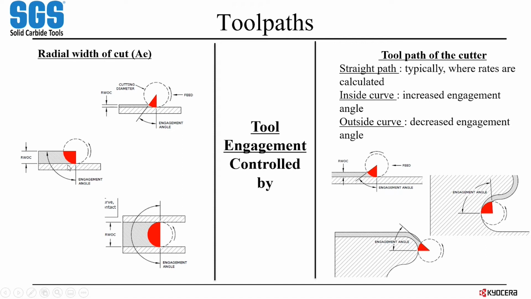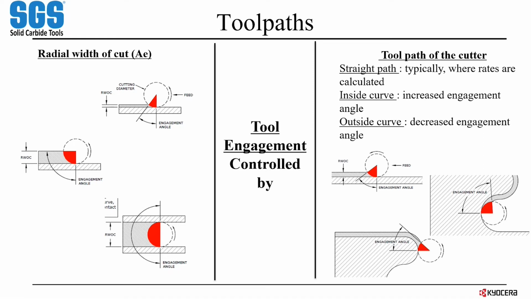This is going to be higher load on the tool, higher load on the part. Your chip load is going to be higher. Ultimately, it's just stress on the tool. Then we get into a full slot, and now you have a full 180 degrees of engagement here. So again, there's heat and stress that's building up there.